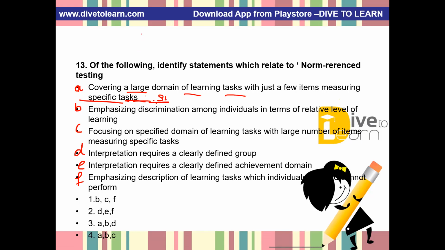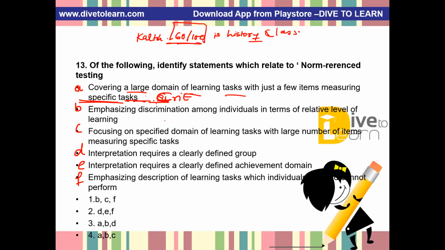When we discussed that, the example was that, let's say, Karthik scored 60 out of 100 in history in class 10. So that is a specific set of tasks. In class 10 he scored 60 out of 100 in history. So this is my criteria reference testing.